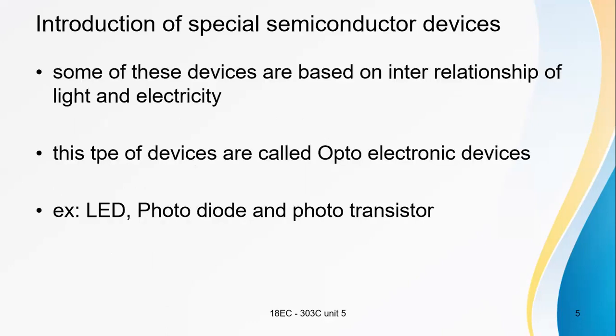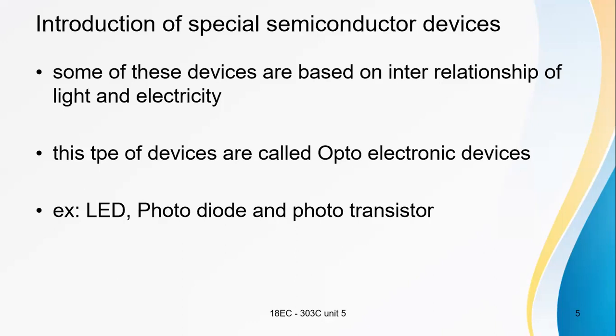There is another type of special semiconductor devices. These devices are related with light and electricity. Other types of special semiconductor devices are based on the interrelationship of light and electricity. This type of devices are called optoelectronic devices.